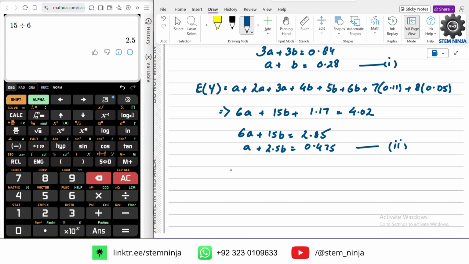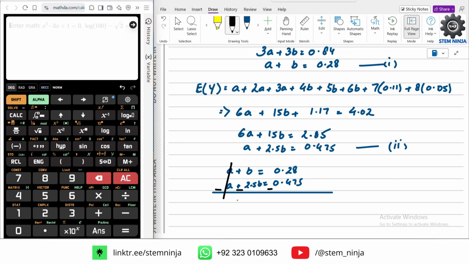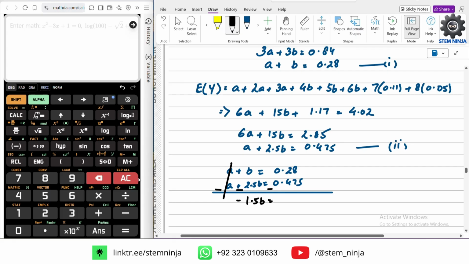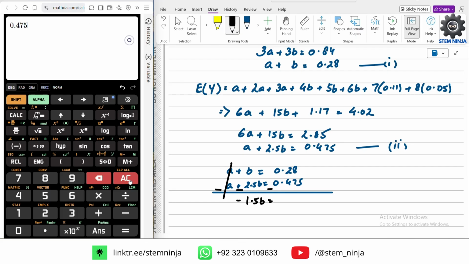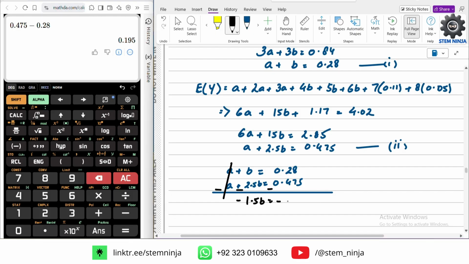So now we solve two equations. A plus B equals 0.28. A plus 2.5B equals 0.475. Actually, we needed A, but never mind. We can solve it again. A minus A, so this cancels out. 1.5B equals 0.475 minus 0.28, 0.195.